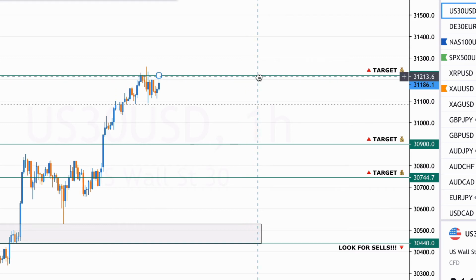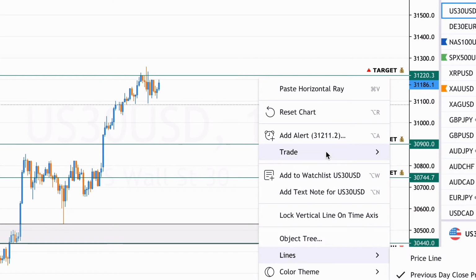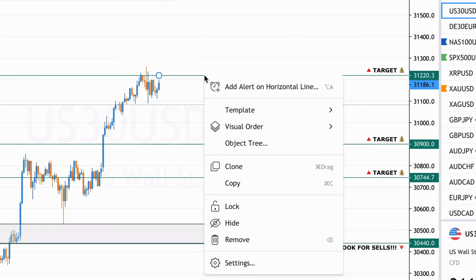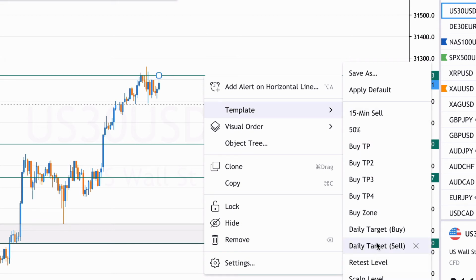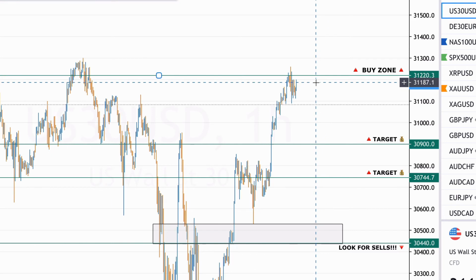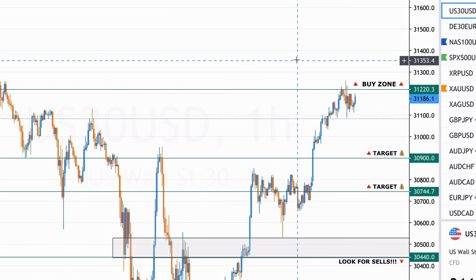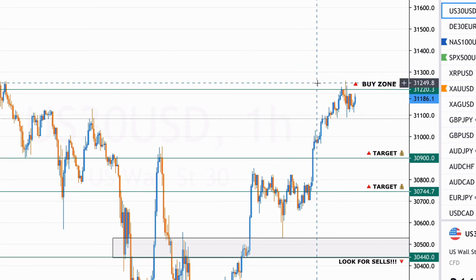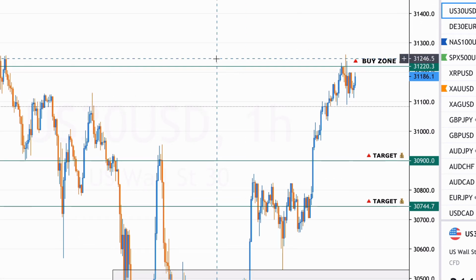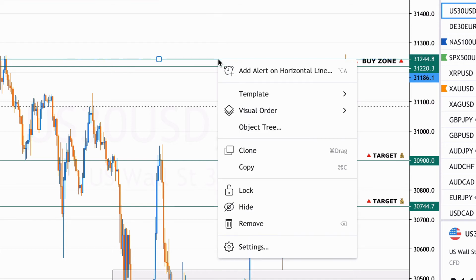This is a new buy zone. Okay, we've been higher, so our next target, this is US 30, so we'll take the 260 pips here for potential target.